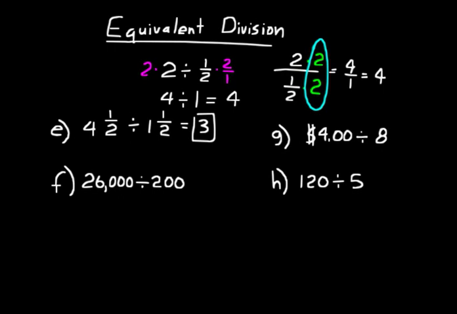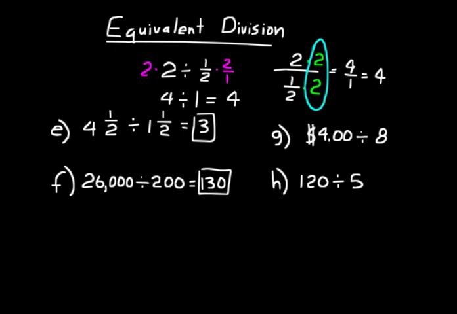Now on F, what I would do on F is just divide both of those mentally by 100, and I'd end up with 260 over 2, which would just equal 130. Now if you did something a little bit different but it was just as quick, then use your method. I mean, there's more than one way to do these.